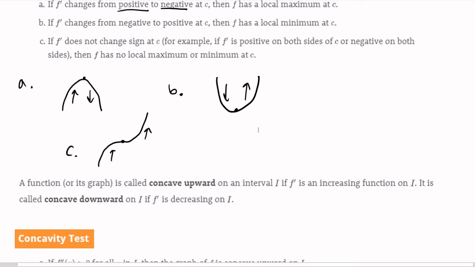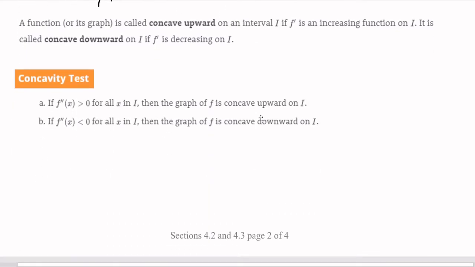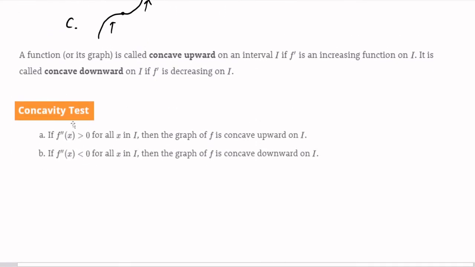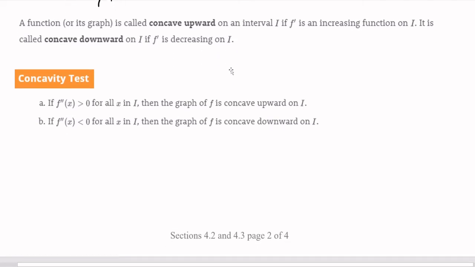Okay, and then the next piece connects back to concavity, which remember was the second derivative. Just to remind us, a function or its graph is called concave up if f prime is increasing there. It's concave down if f prime is decreasing. This is what got us all tricky.